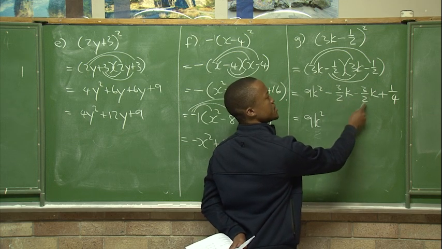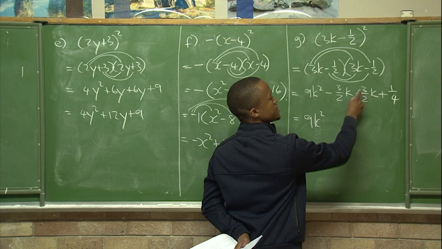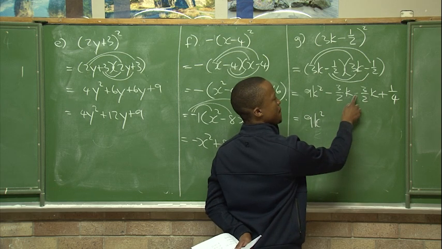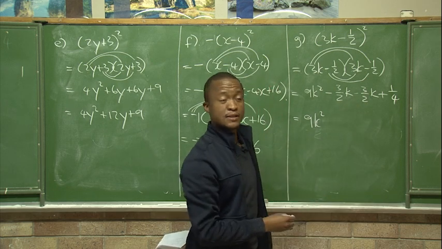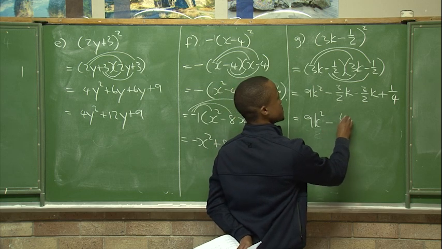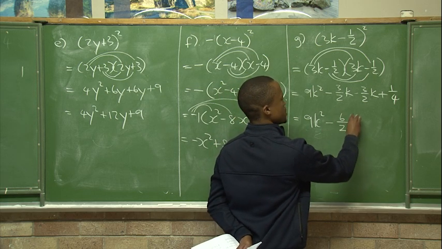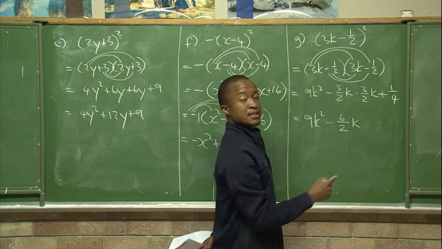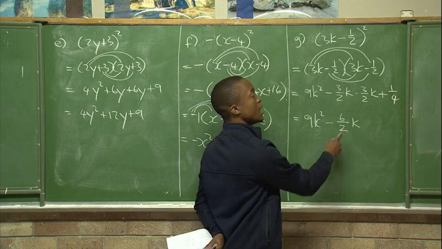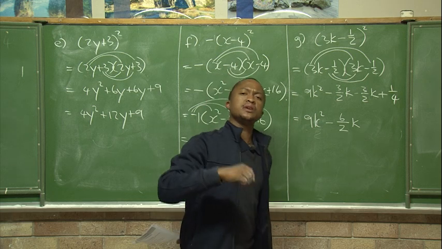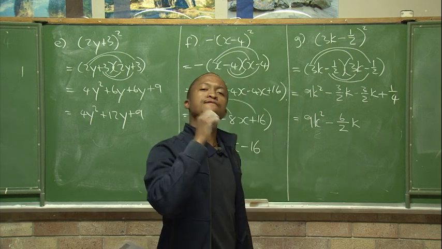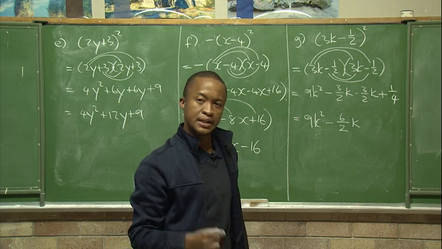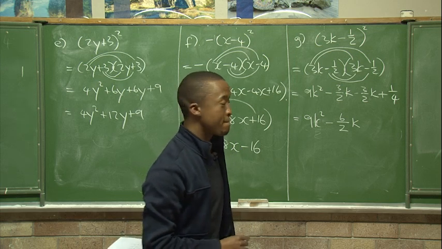Negative 3 minus 3 gives us negative 6, so negative 6 over 2k. Where does the negative 6 come from? We subtracted the numerator terms because the denominators are the same. If the denominators were not the same, we'd have to find the lowest common denominator and then work from there.